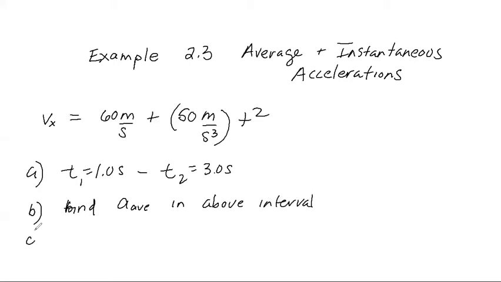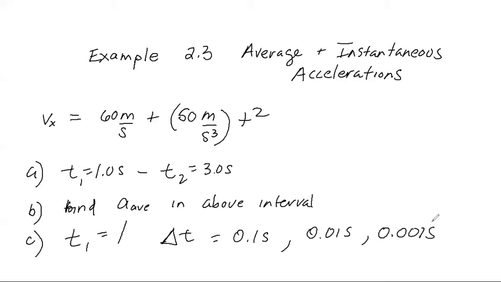All right, C asks us to find the instantaneous acceleration at time t equals 1 by taking the limit of smaller and smaller increments. So we find it at t equals 1 by taking delta t to be first equal to 0.1 second, then 0.01 second, and finally 0.001 second.